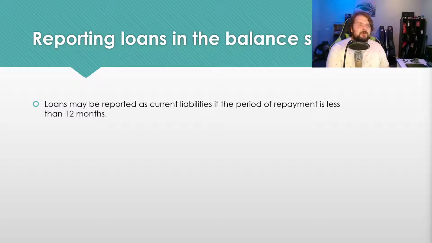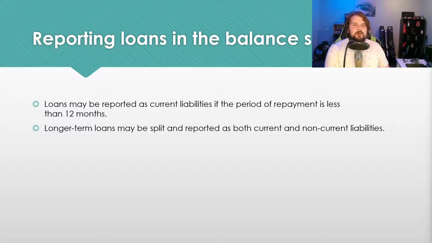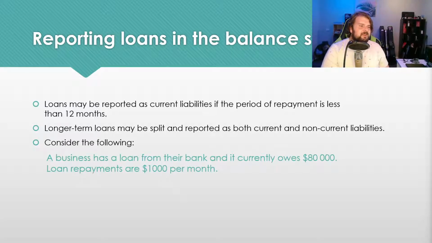So let's look at how we actually report these. Loans might be current liabilities if all of our repayments are within the next 12 months, but we do have longer term loans that need to be split. So let's think about a business that has a loan and it owes $80,000 and we're only paying back $1,000 a month.